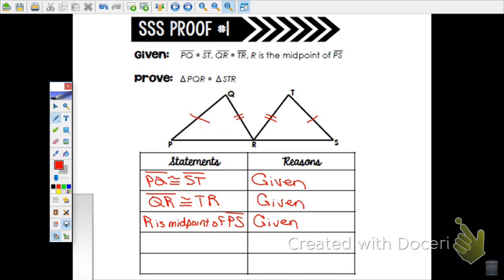But they gave me that statement for a reason. I can't mark anything, but it needs to then lead me to something that I can mark. So if R is the midpoint of segment PS, what would my next statement be?